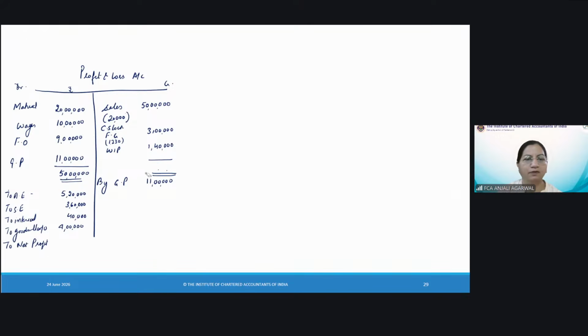Your gross profit will be 50 lakhs plus 3 lakhs plus 1,40,000, which is 54 lakh 40,000. I don't see any closing stock of raw material. 54 lakh 40,000 minus 39 lakhs gives 15 lakh 40,000 as the gross profit.